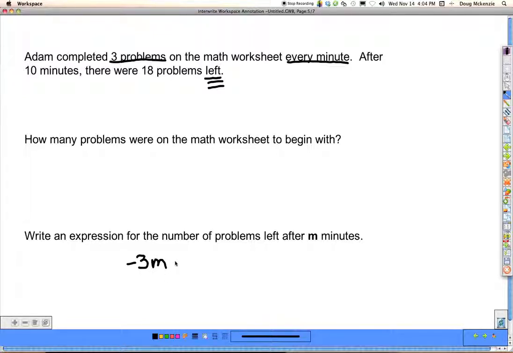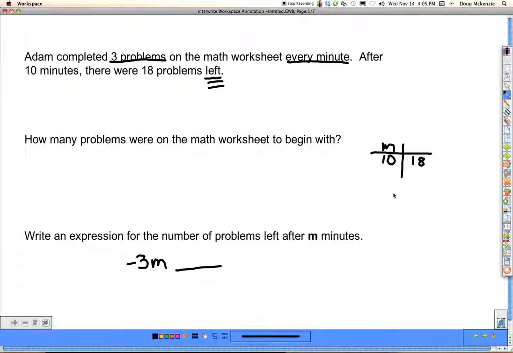Negative 3m, and then something for my rule. Let's complete the rule. Where's my data? Well, m is my variable, so minutes, and we have after 10 minutes, there were 18 problems left.